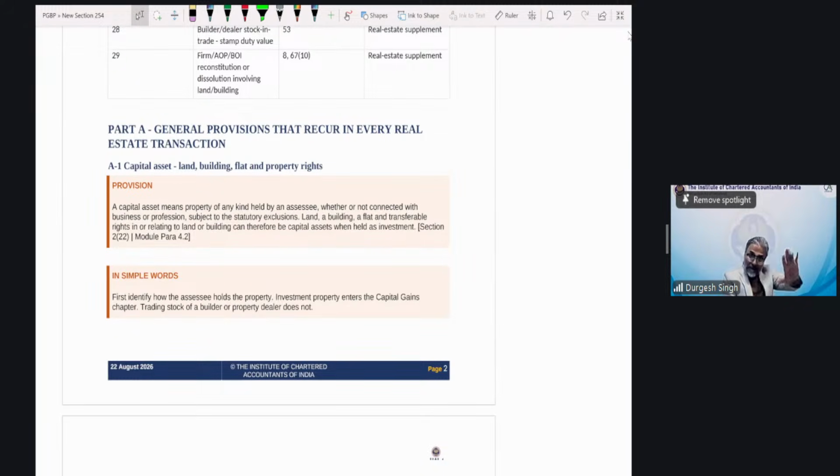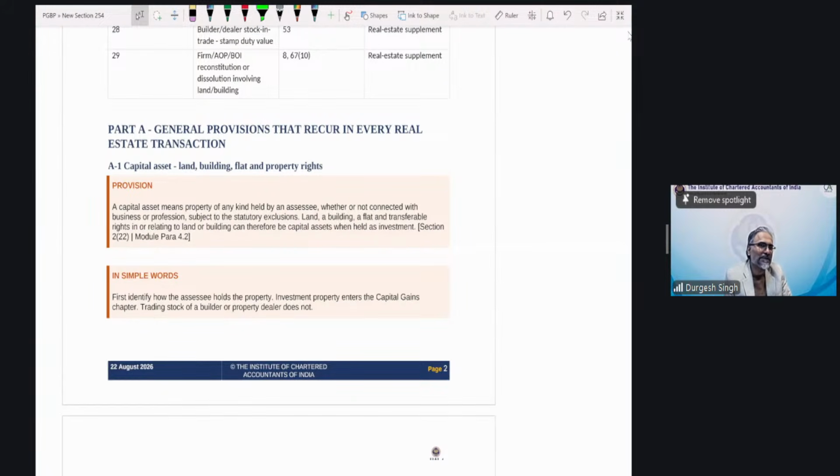So that's a specific exclusion, apart from what we discussed. Sir, stock in trade. Stock in trade, yes, you can say. Real estate can be stock in trade for builders and all. Sovereign gold bond, sir? It will still be a security, I will say that way.